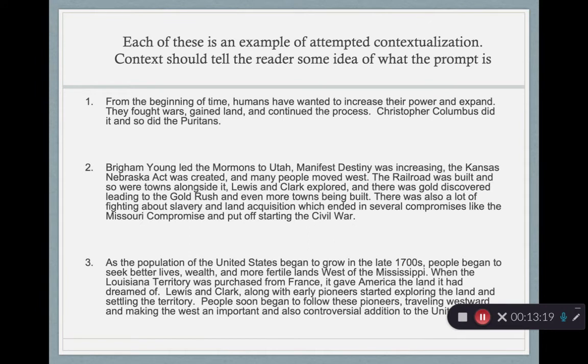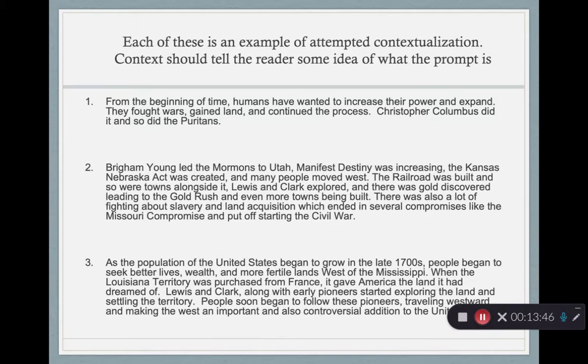Number 3, as the population of the United States began to grow in the late 1700s, finally, a time period, a date. That's important. People began to seek better lives, wealth, and more fertile lands west of the Mississippi. Where? So we're talking about apparently westward expansion here. When Louisiana Territory was purchased from France, it gave America the land it dreamed of.